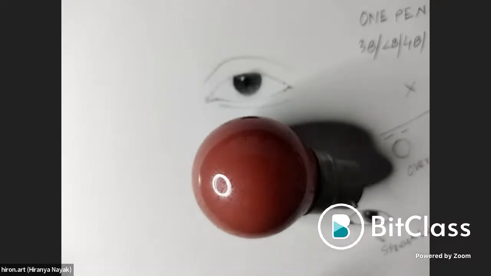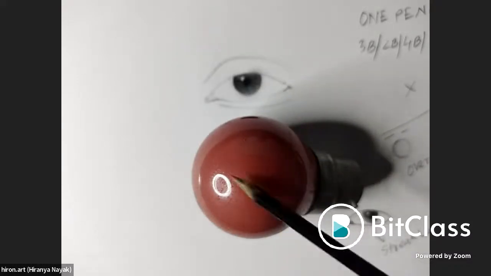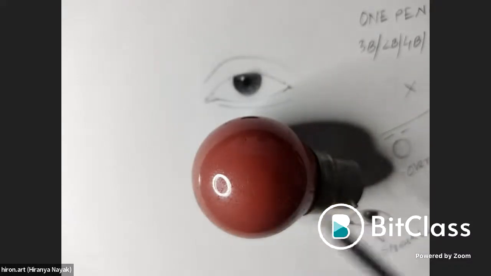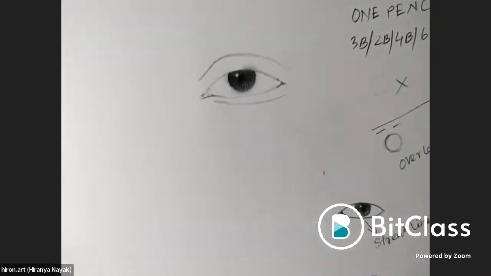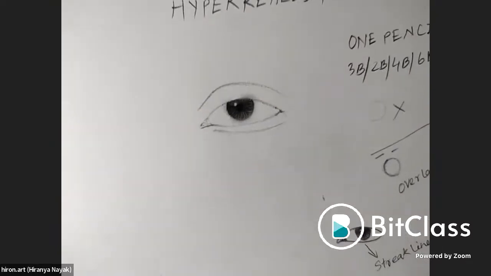Apart from this one, we also have to include other highlights. Can you see this area is lighter than this one? This is also a highlight, the passive highlight. There are two types of highlight: one is active and the other is passive. So now we have to include certain passive highlights in the eye as well.